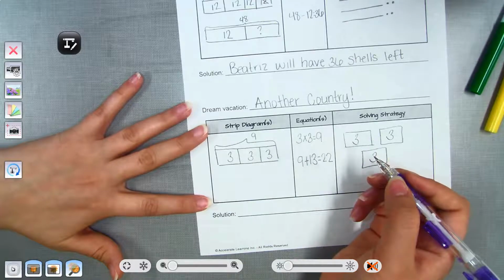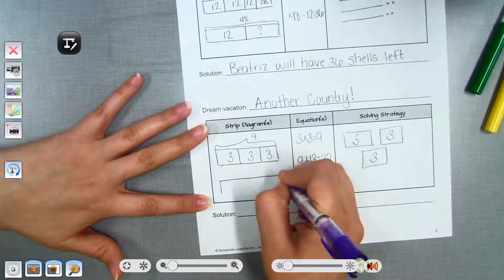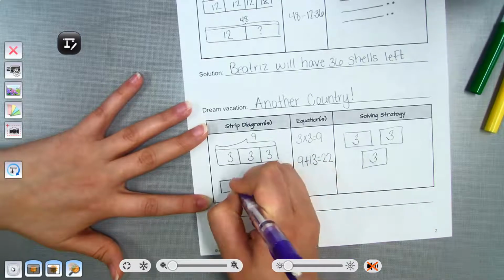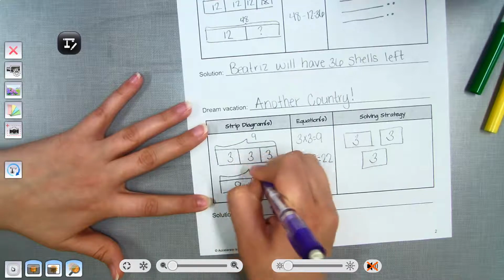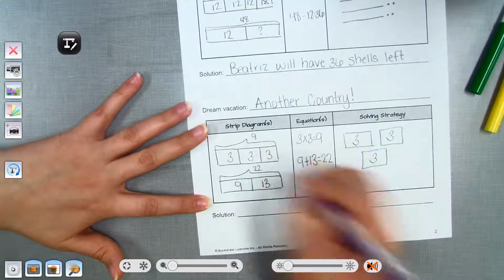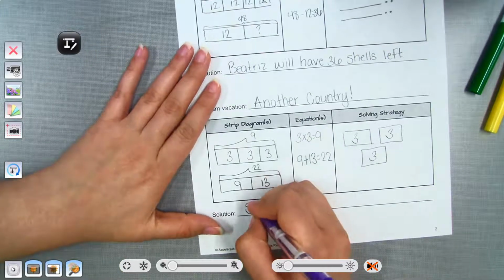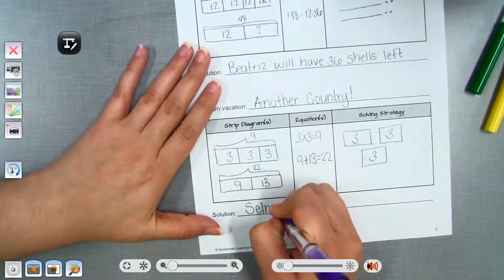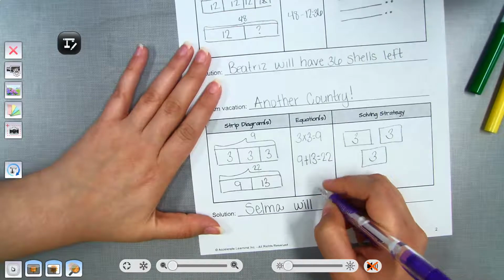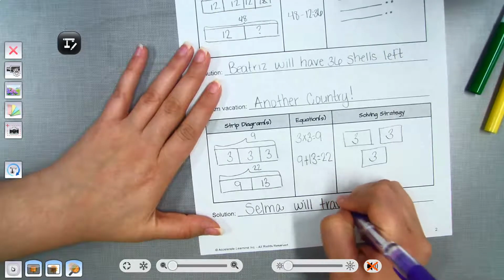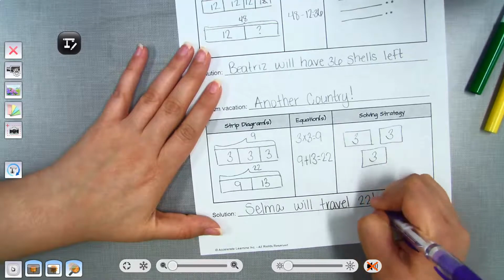Then we know that she's going to be on for 9 hours plus the 4th airplane ride, which would make a total of 22. So Selma will travel 22 hours.